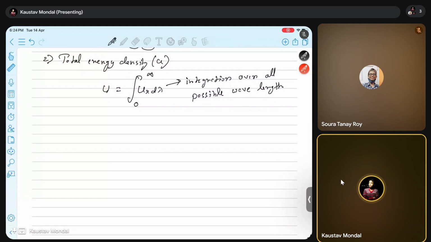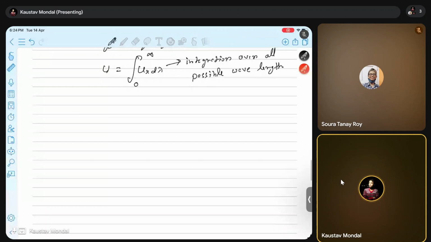Since you're integrating over lambda, one meter cancels, so U has dimension joule per meter cube.